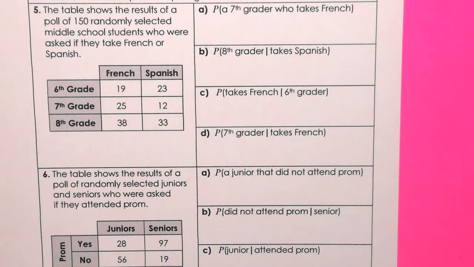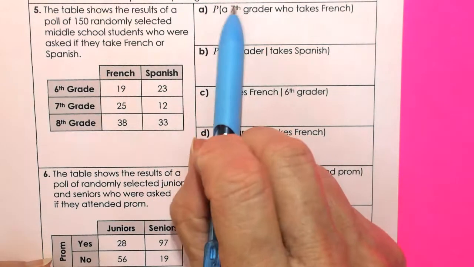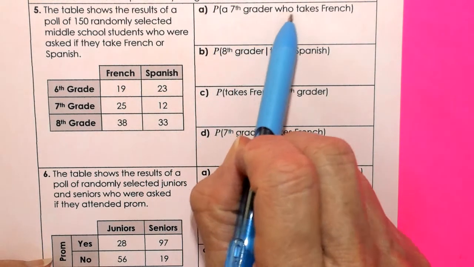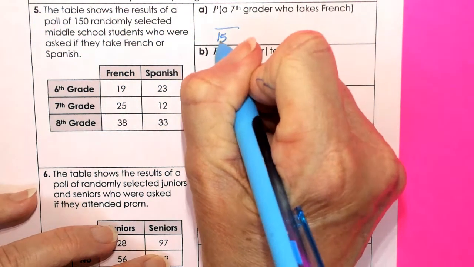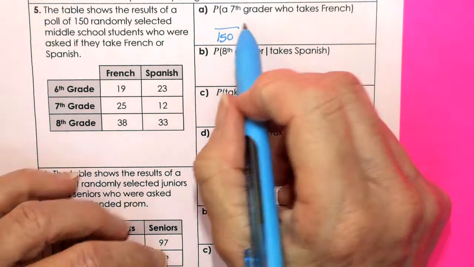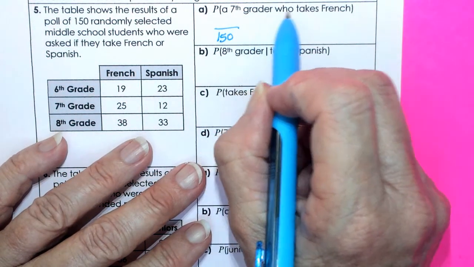Now we're looking at a table that shows results of a poll of 150 randomly selected middle school students who are asked if they take French or Spanish. In the first question, what's the probability of a 7th grader who takes French? Out of this 150 you randomly draw, there's our total, that we choose one who is a 7th grader that takes French.